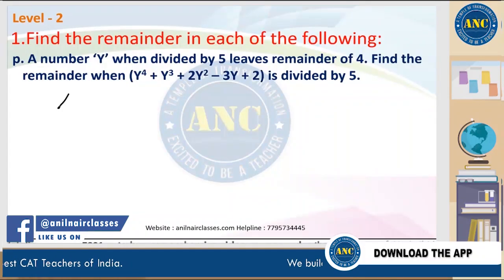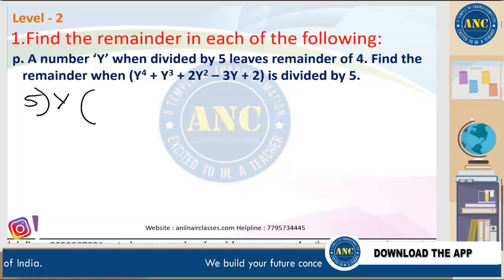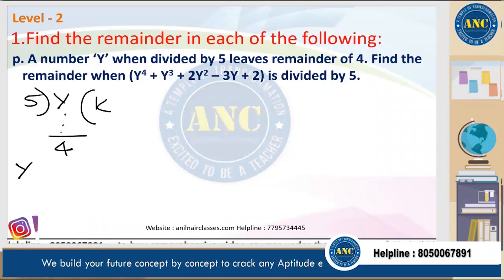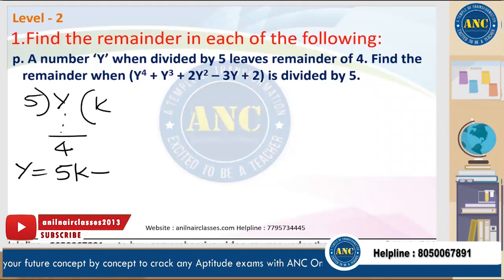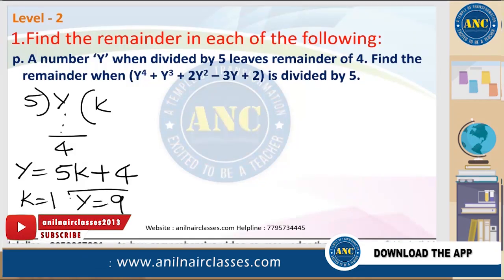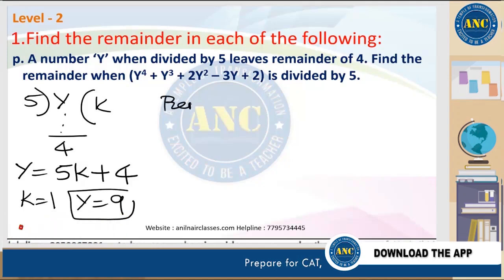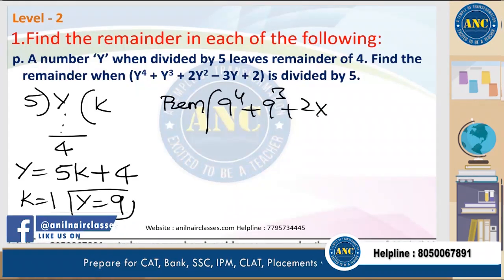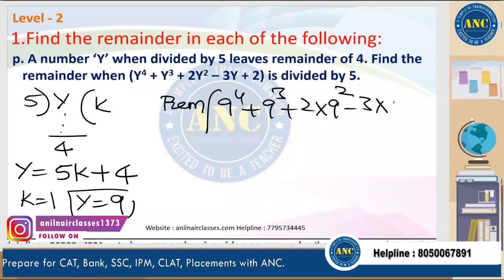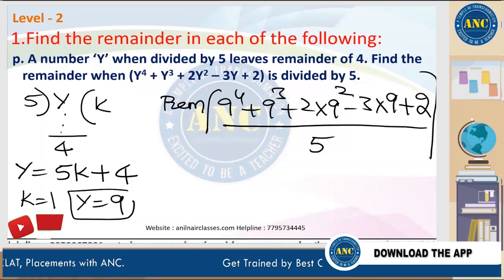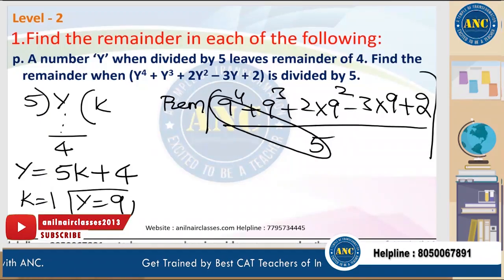Now, a number y when divided by 5 gives a remainder 4. Dividend equals divisor into quotient plus remainder: 5k plus 4. You put a random value, k equals 1: 5 plus 4 is 9. So this will become 9 power 4, plus 9 cube, plus 2 into 9 square, minus 3 into 9, plus 2, divided by 5. 5 2s are 10, so 9 is minus 1 mod 5.